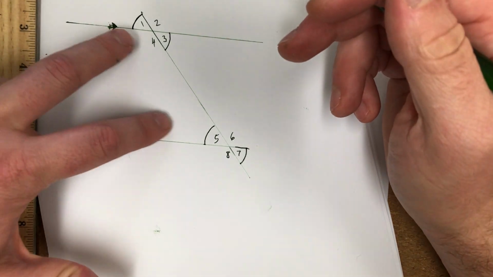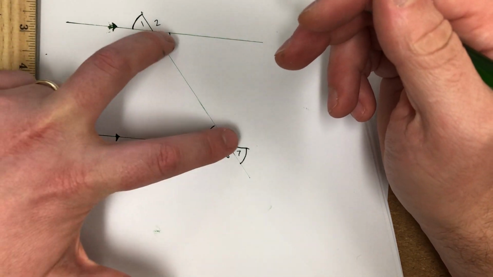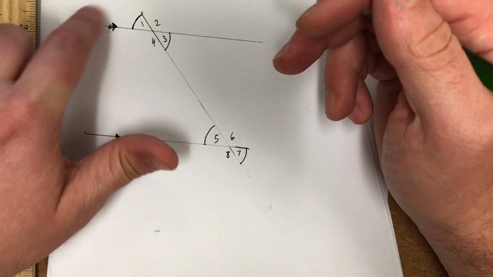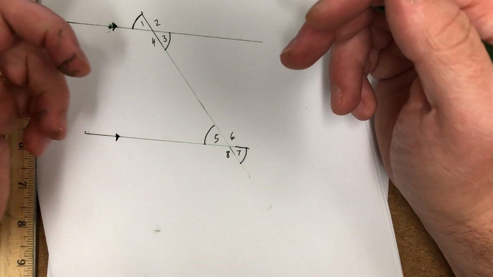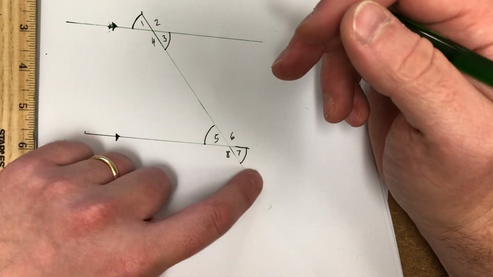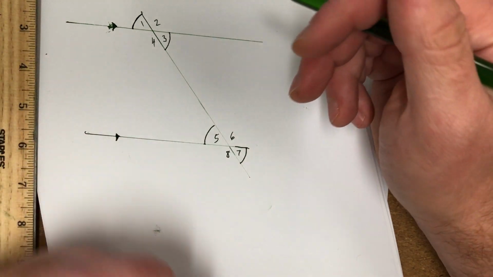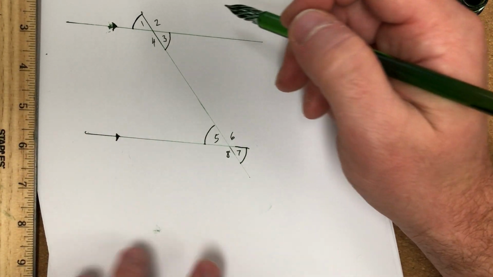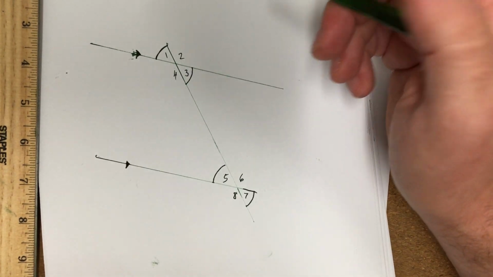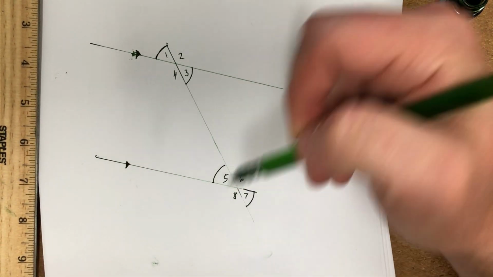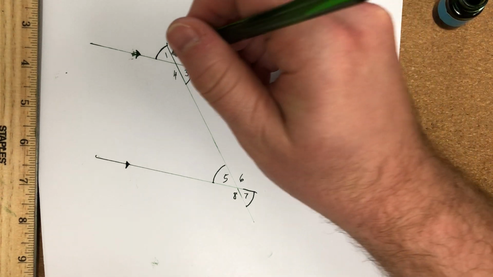So 1 and 5 are corresponding, they're equal to each other. 3 and 7 are corresponding. 1 and 3 are called vertical, they're equal to each other. 5 and 7 are vertical. So 1, 3, 5, and 7 are all the exact same angle measure. That means 2, 4, 6, and 8 is a different angle measure.